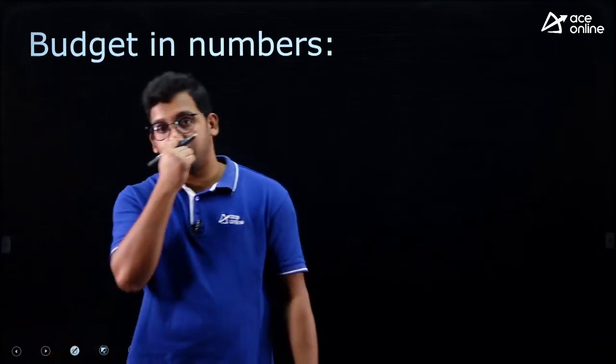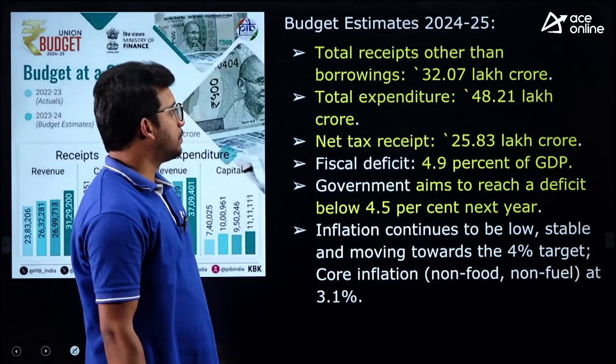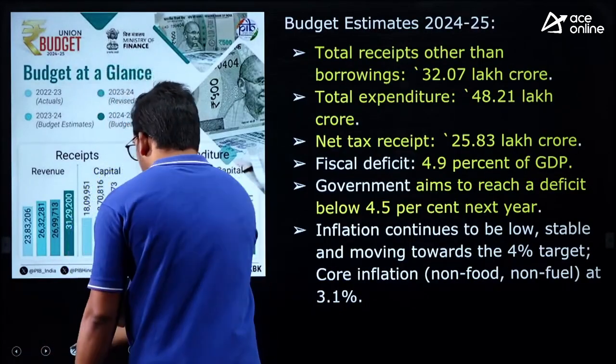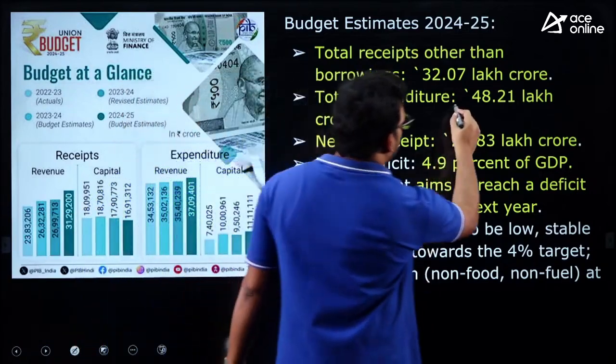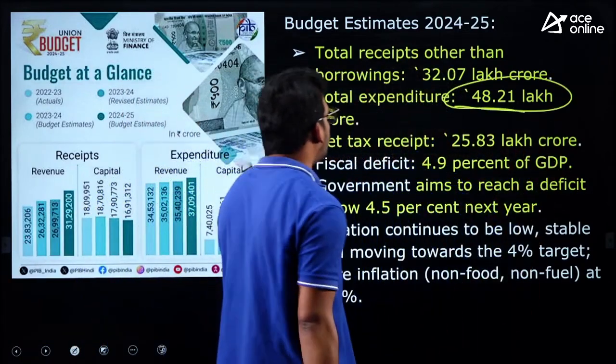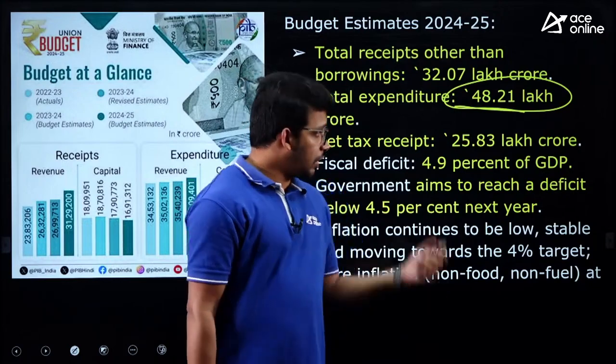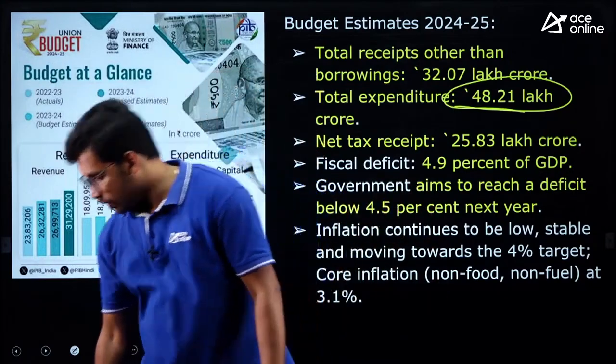So the last part of the budget is budget in numbers. The total amount of money that government is spending is 48.21 lakh crore. We have seen the total budget is 48.21 lakh crore.